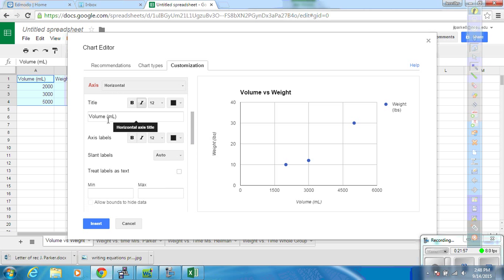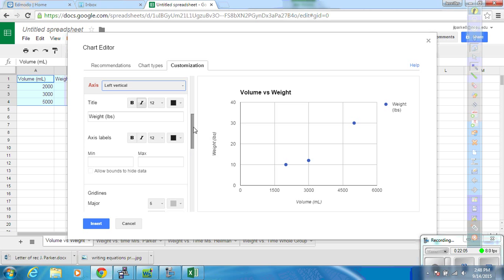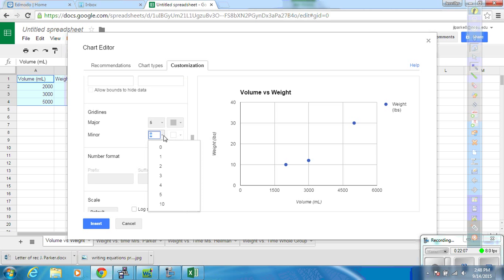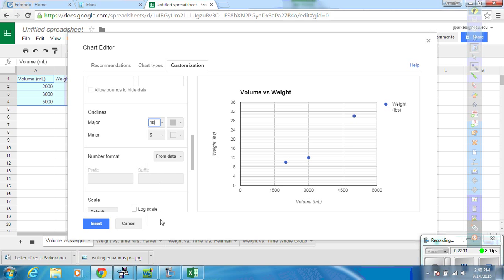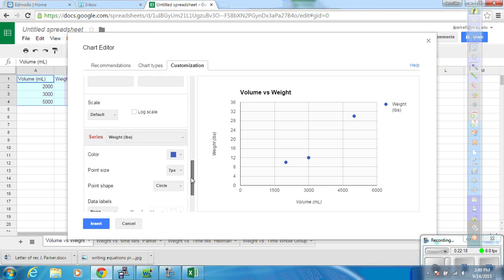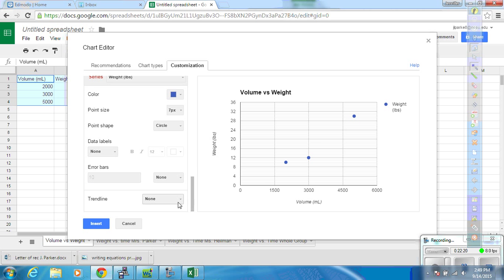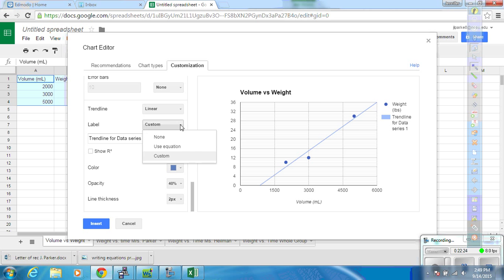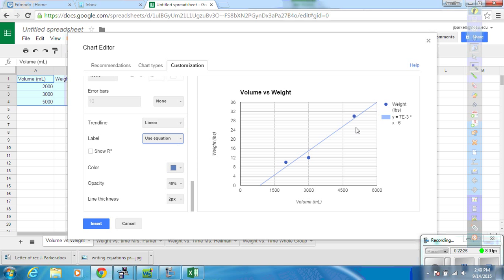And then we can make sure that we give all of our labels, so my horizontal is my volume in milliliters, and my left vertical is my weight in pounds, and it already set that for me. I've got my major and minor grid lines showing, however many you want. And then I can go to my trend line, choose linear, and for my label, I make sure I use the equation, and it will do that.